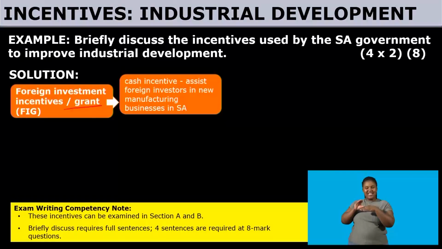Then we also have the foreign investment incentive, or the foreign investment grant. As the name suggests, foreign investment. It is a cash incentive that assists foreign investors in new manufacturing. So it's not given to any investor, but to those who want to invest in manufacturing businesses in South Africa.